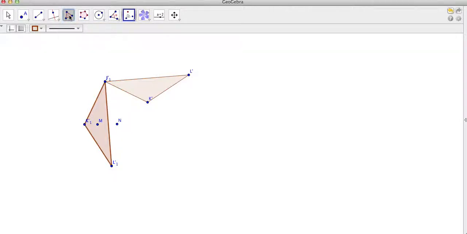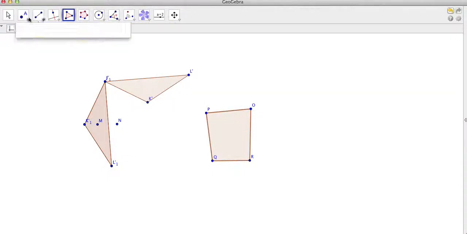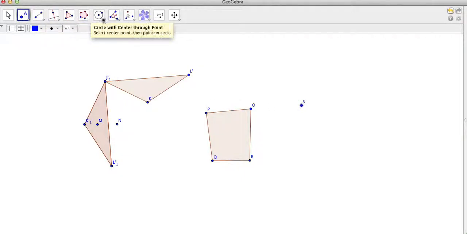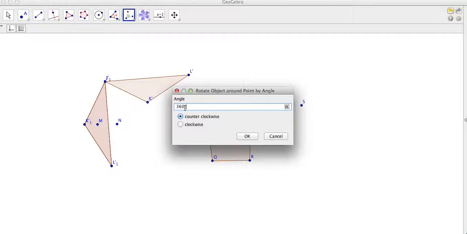It might be easier if you did a square, and then if our point of rotation was point S over here, we could rotate this 90 degrees counterclockwise.